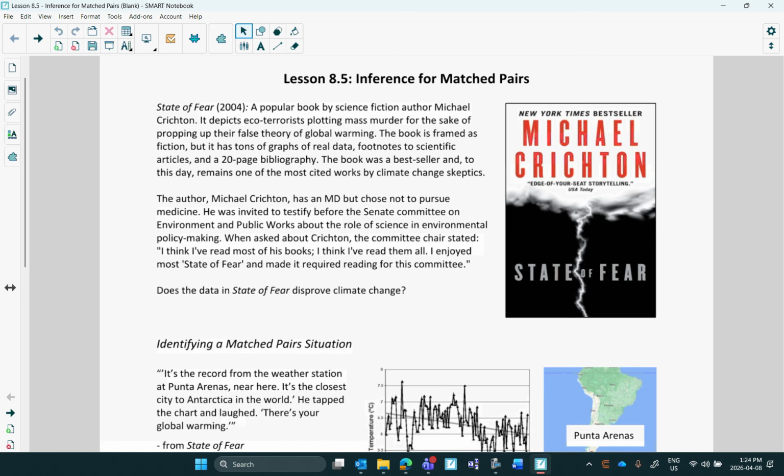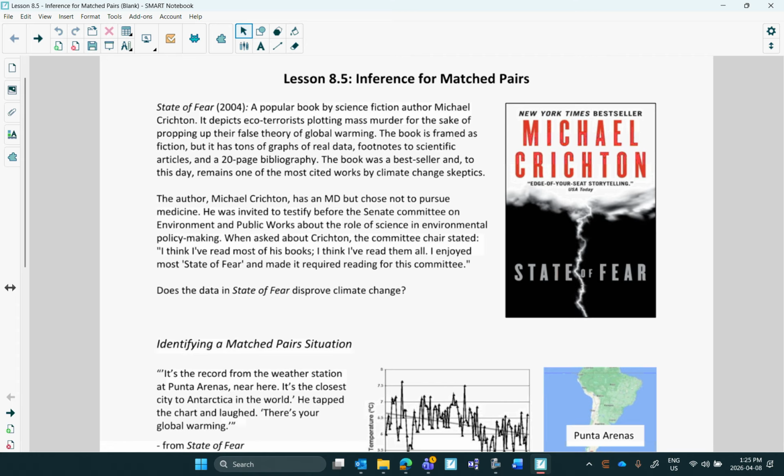It was about eco-terrorists planning disastrous events to support their idea that we have to do something about global warming. Plotting mass murder for the sake of propping up their false theory of global warming.